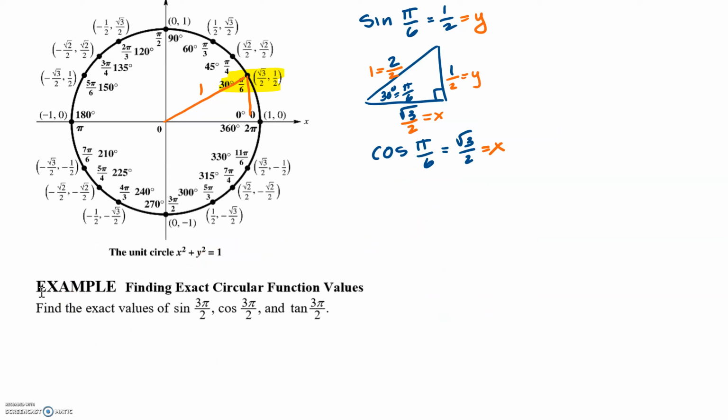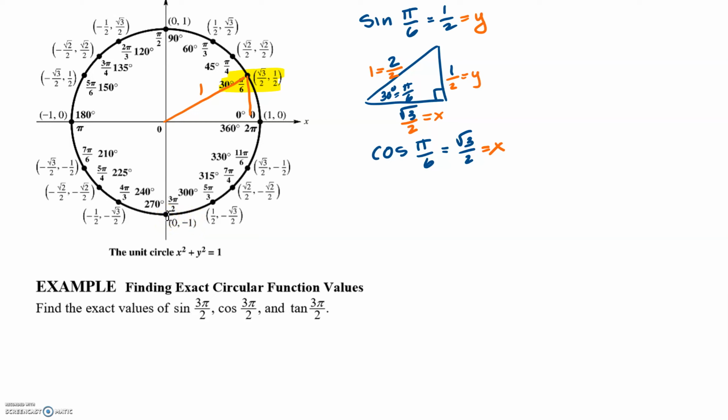So let's look at an example of finding exact circular function values, which, by the way, is going to be the same answers as finding the function value in radians. The only difference is the process, because now we can just not use the r, because the r is always going to be 1.